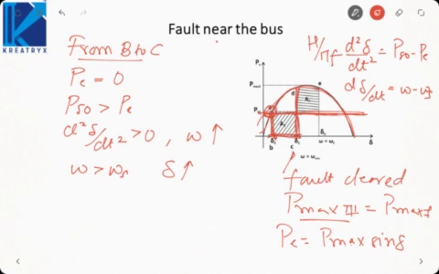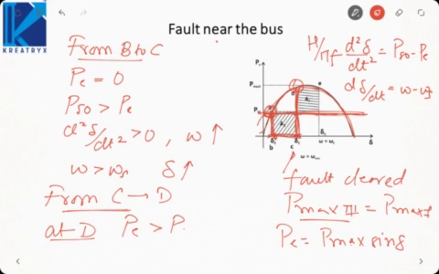If delta is equal to delta C, we will go from C to D. We will jump from C to D directly, because delta will remain the same, but power will suddenly change as we go from the during-the-fault case to after the fault. Now if you see at point D, electrical power is greater than shaft power, because this is the shaft power and this is my electrical power.